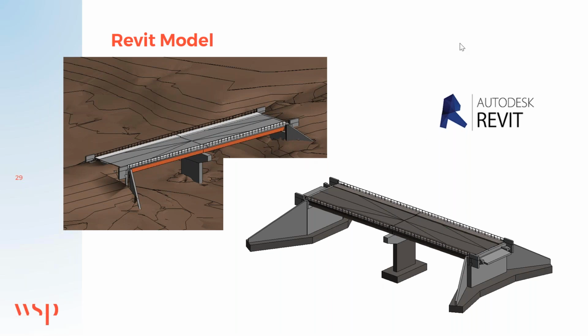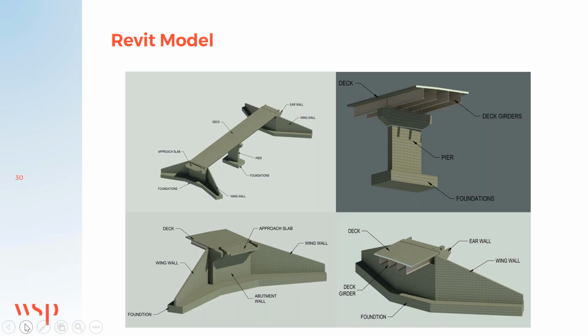And thus we showed them these Revit models, as you can see over here. And over here we can see further Revit models that were presented to the client. This basically makes it easier for the client to sell the idea to the funders as well as to the ministries.